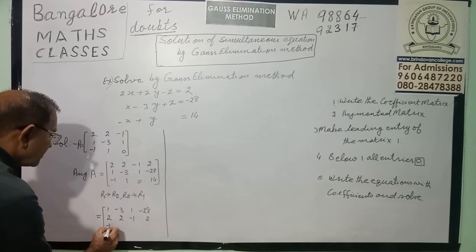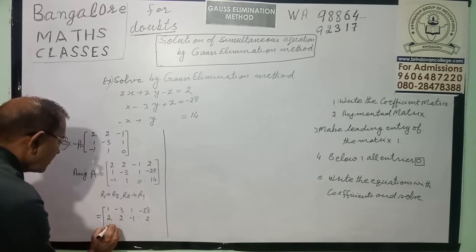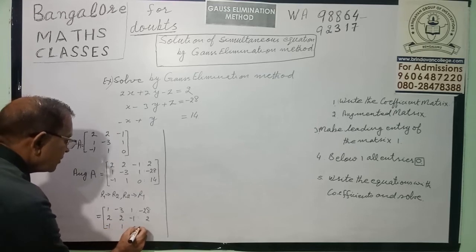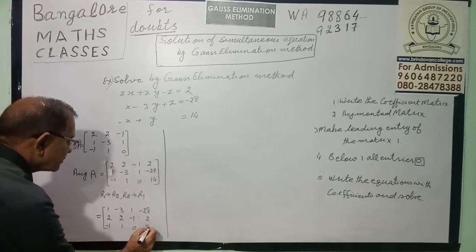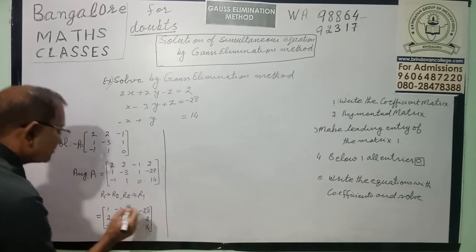Minus 1, 1, 0, augmented 40. This is what we get.